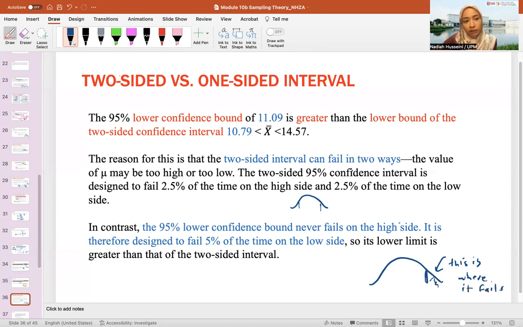If we're talking about a 95% confidence interval, this fail is 2.5% over here. If we're talking about one-sided, we know that this is just Z alpha, so this is exactly 5%. What about this side? No fail. It's just the way the design is. Sometimes the design doesn't really care about the minimum weight, it only cares about the maximum weight. Sometimes it cares only about the minimum weight, not the maximum weight.